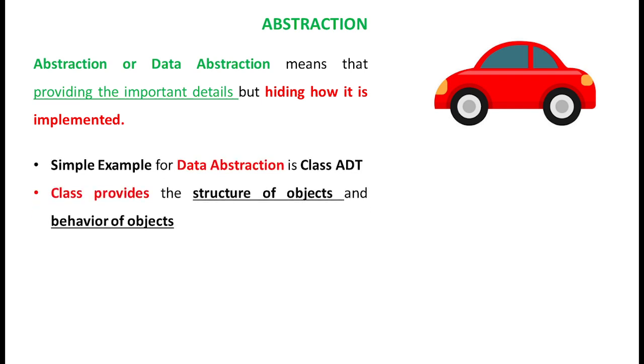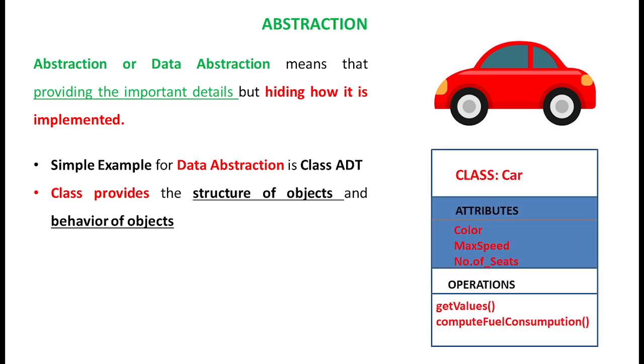A very simple example of data abstraction is the class ADT, because a class provides the structure of the objects which fall into the same class. The object structure is explored by using attributes, and the behavior of the object is derived by using operations. Here I have made a class for the car object.